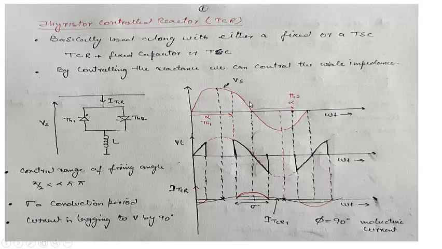This is Vs, and we know that alpha has to be greater than 90 degrees to have a proper control. Let us say alpha is greater than 90 degrees. That means let us say it is for TH1, and TH1 will conduct. When TH1 conducts, we have the output voltage. This is Vs, and the output voltage will be this, because it will conduct at that point.